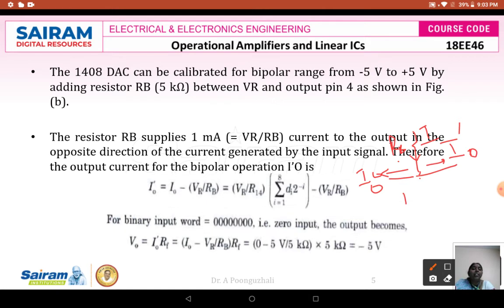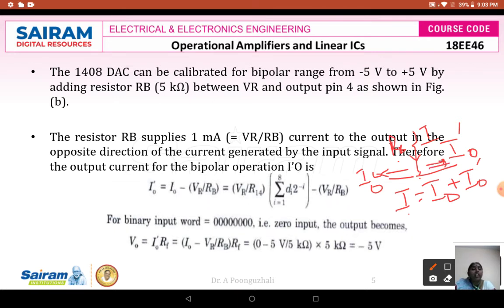So if I apply the KCL, your input current is nothing but I is equivalent to your output current generated because of the binary input, and this I naught dash is nothing but the current that is going to be flowing here because of the resistance RB. So here in this case, your I naught dash is nothing but I minus I naught, or here it is in the opposite direction, this will flow in the other opposite direction.